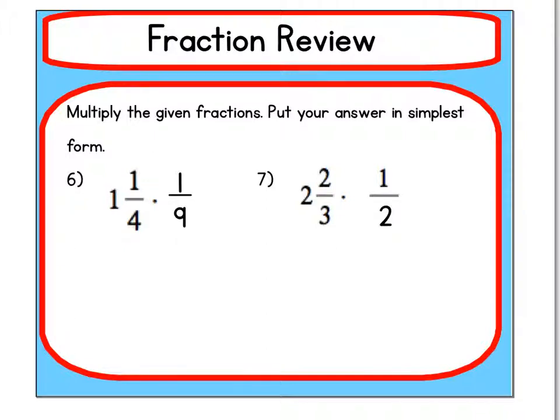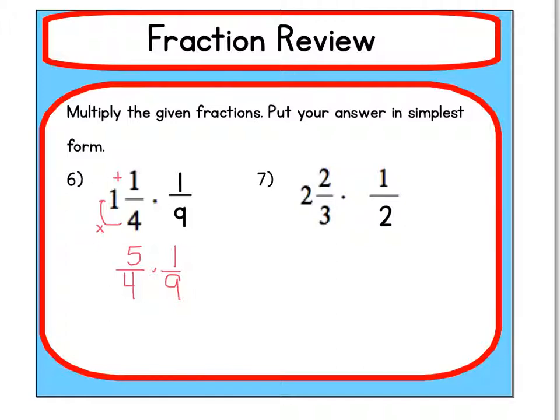When you get to problems 6 and 7, you'll notice that now we have mixed numbers. The first thing that we want to do is change any mixed number to an improper fraction. So I'm going to do 4 times 1, which gives me 4, and then we add in the top. 4 plus 1 gives me 5, so I have 5 over 4 times 1 over 9.